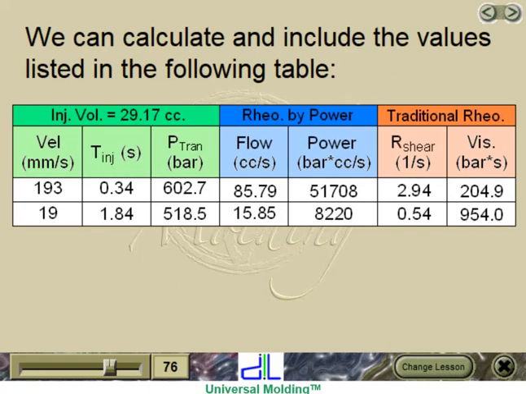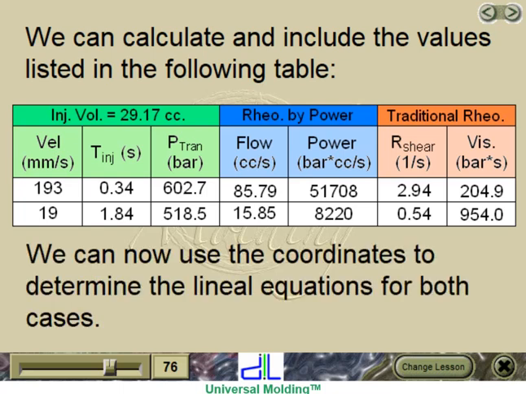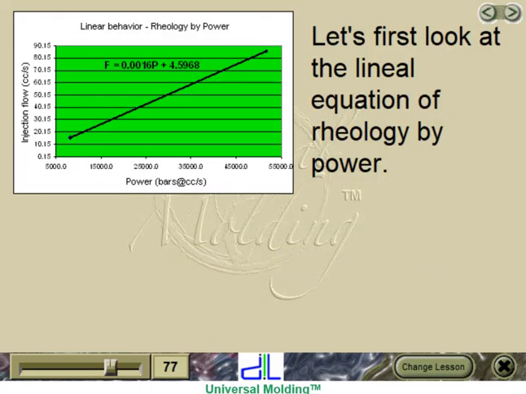For rheology by power, we can calculate flow and power, and for traditional rheology, shear rate and viscosity. We can now use the coordinates to determine the lineal equations for both cases. Let's first look at the lineal equation of rheology by power.